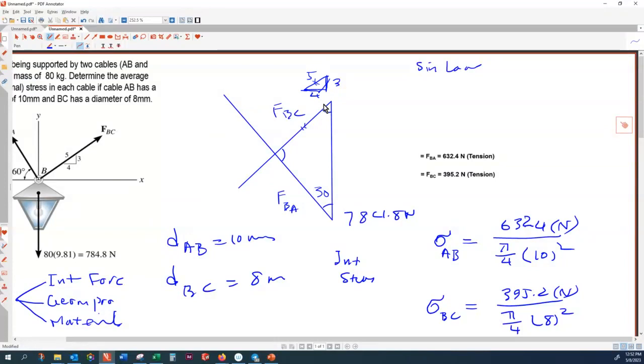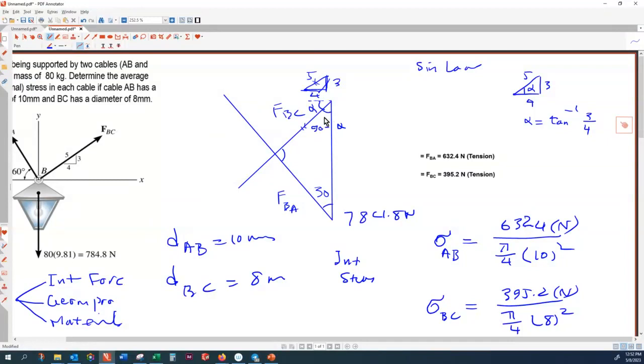Let me solve this triangle. 4, 5, 3, and here this alpha is tan inverse of 3/4. Okay, and then if I have alpha, I can calculate 90 minus alpha.